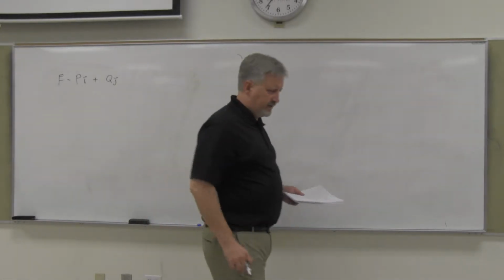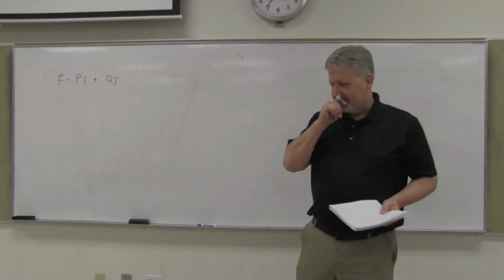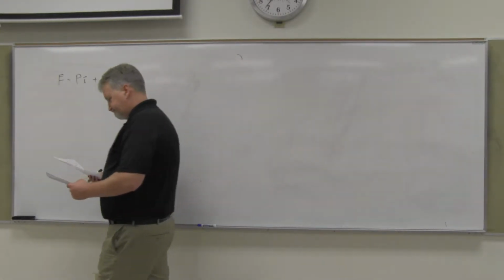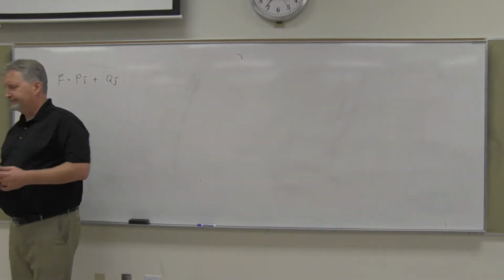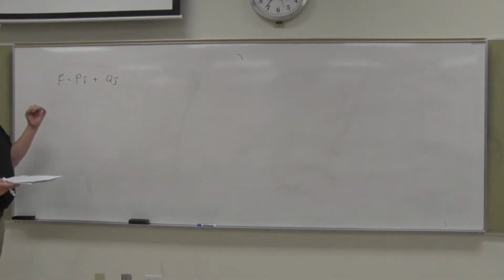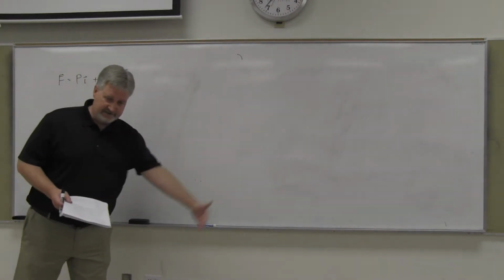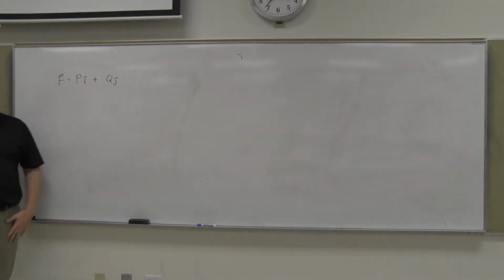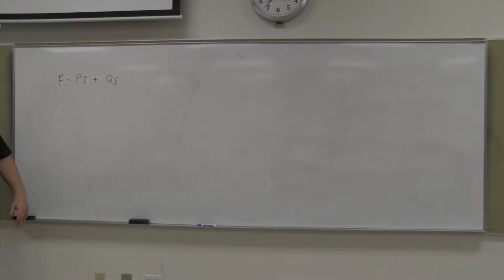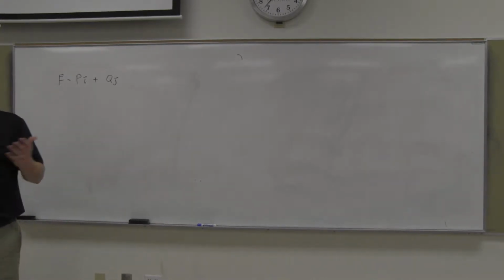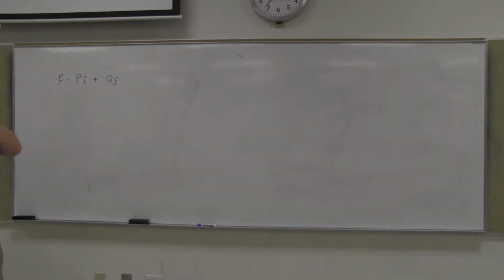All right, so before we talk about doing some other stuff here, let's first ask ourselves: is there a way to tell if a vector field is conservative? We've talked about conservative vector fields, but we didn't really talk about how we could tell if one is conservative, and it's actually fairly easily done.